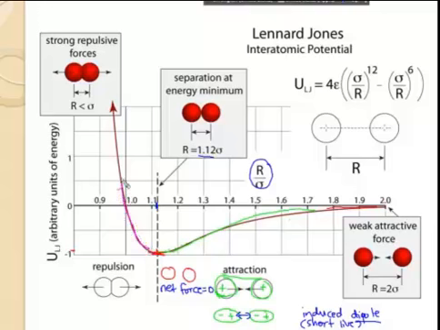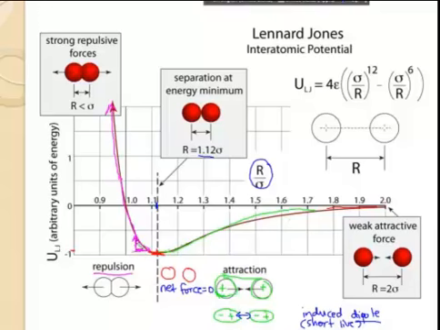This curve here, which is almost vertical and going up, represents the repulsion. We mentioned earlier that two particles cannot occupy the same space, and so they tend to repel each other. As you can notice here, a small change in distance causes a huge increase in potential energy.